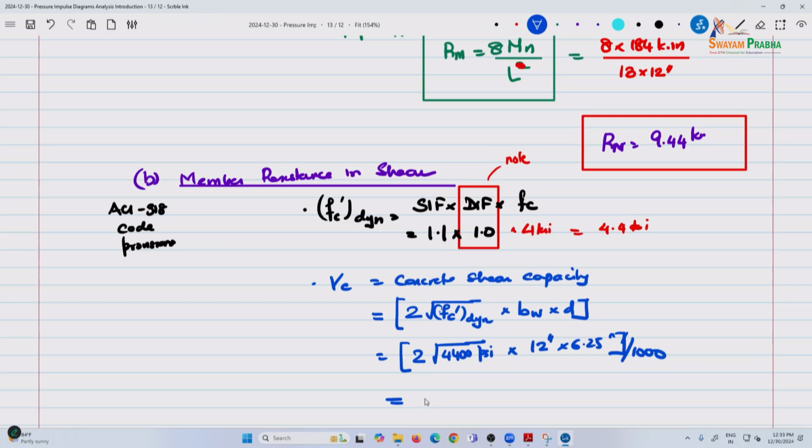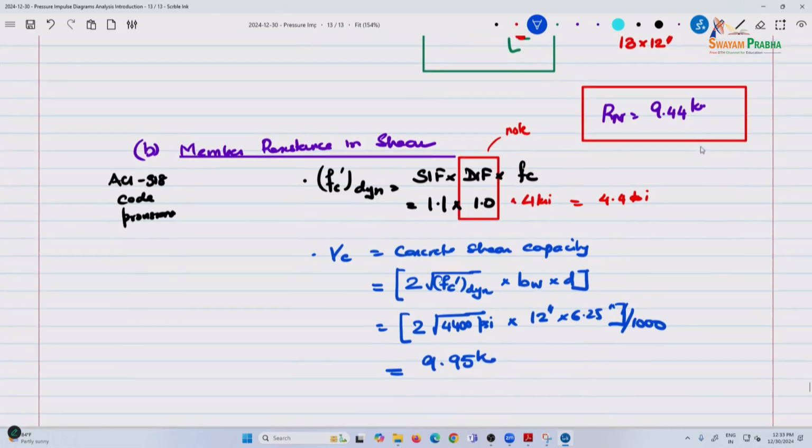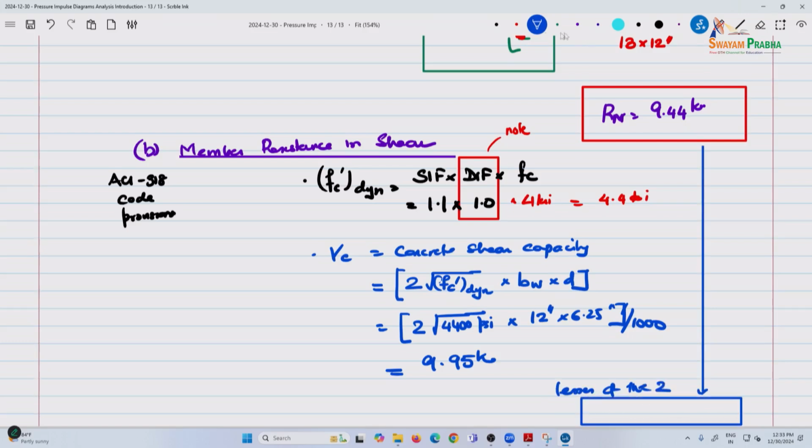So it comes to 9.95 kips. You do get more, but this one is the lesser of the two. So Rm is equal to 9.44 kips.